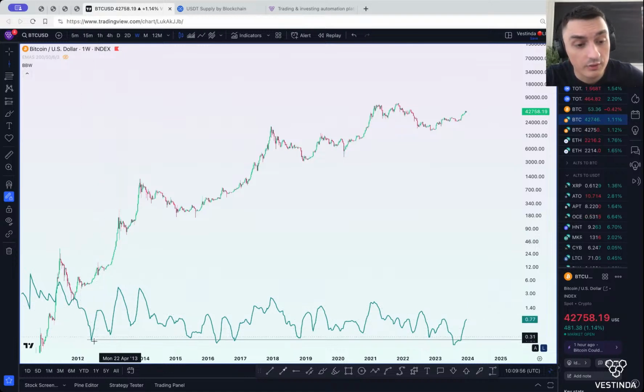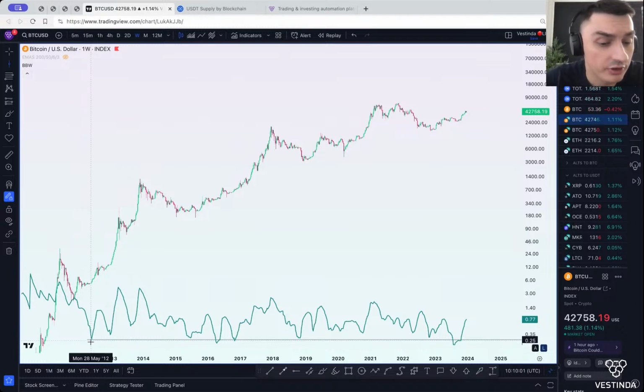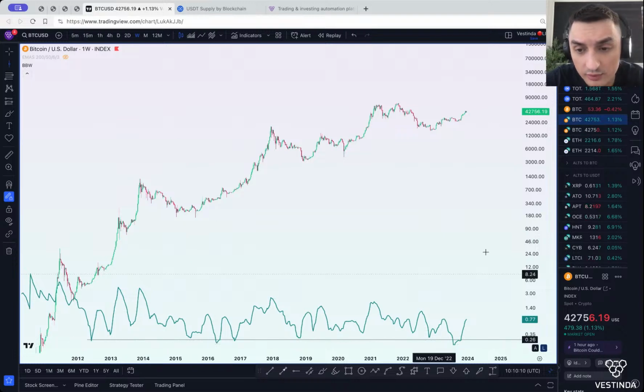So notice the lowest peaks on the Bollinger Band width. We can see that we have a pretty much lower level, pretty much around what is this?